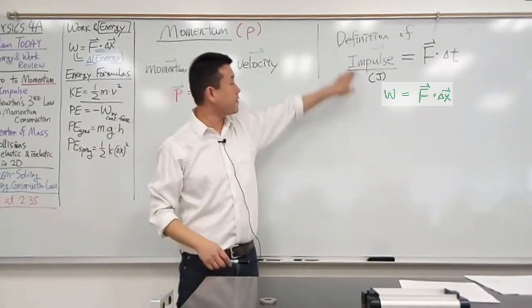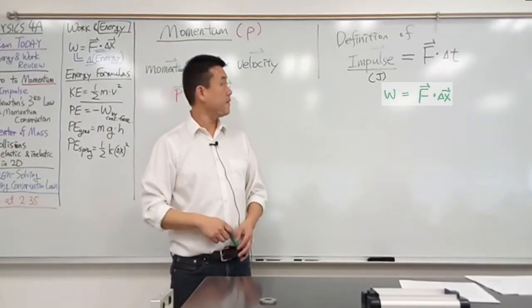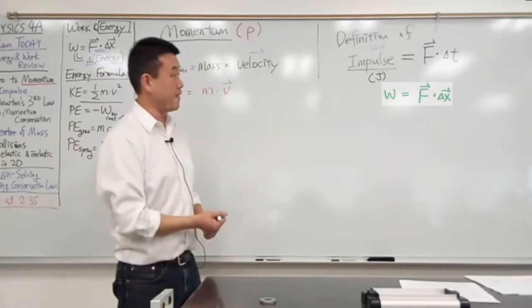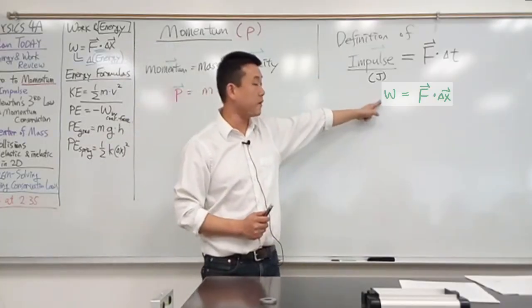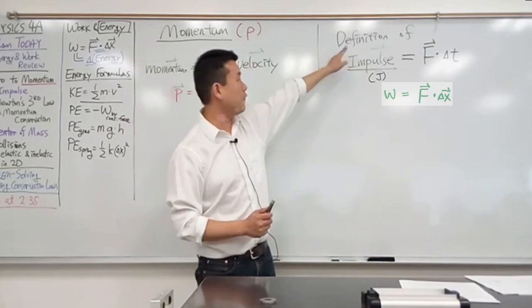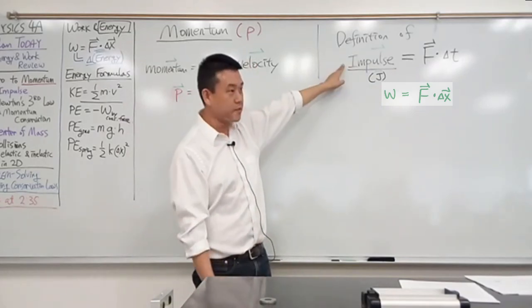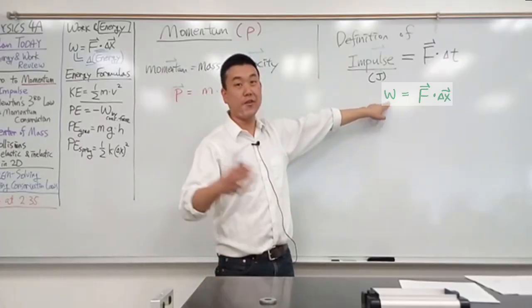So this is the quantity that we are going to define. And here's the thing that's useful to know about impulse. Once again, I want to keep comparing it to work, because this is like the SAT type analogy: impulse is to momentum the same way work is to energy.